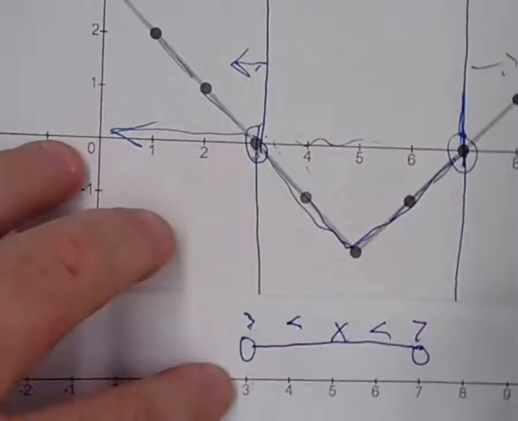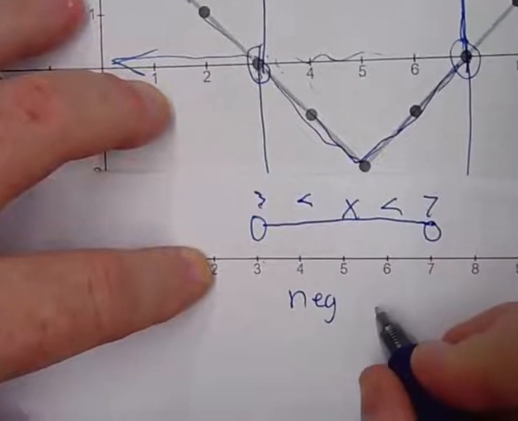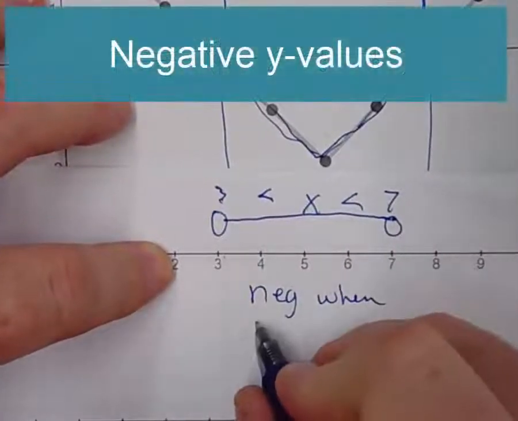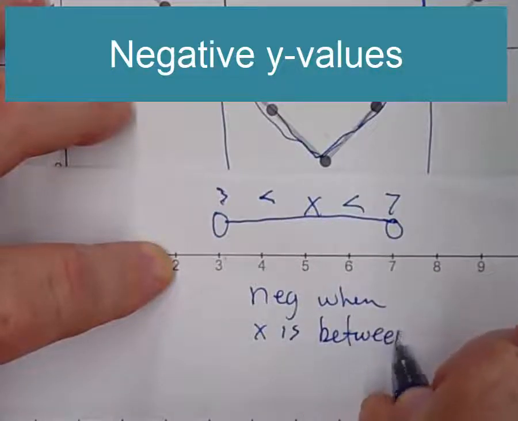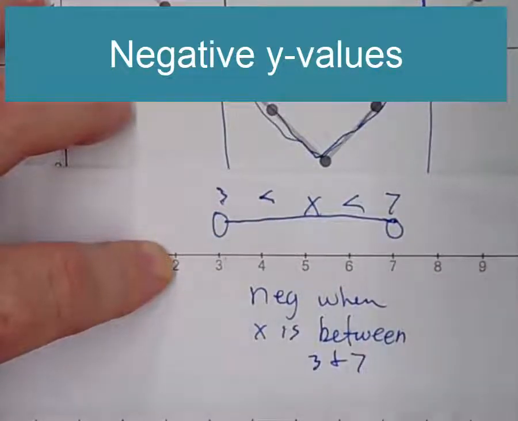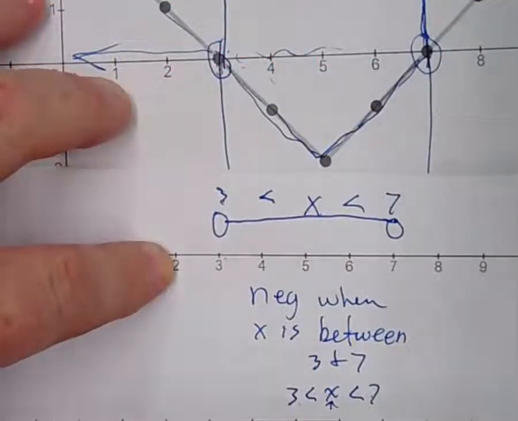And the way the book explains it is to say that it is negative when x is between 3 and 7. And another way of expressing it is just to show 3 is less than x is less than 7, where x is between the 3 and the 7. And that's how we define our positive and negative.